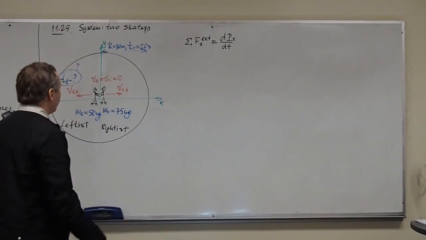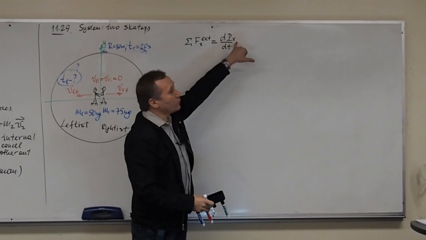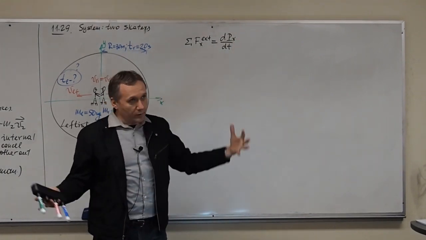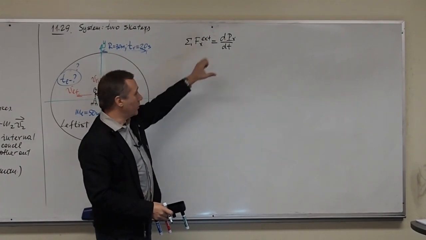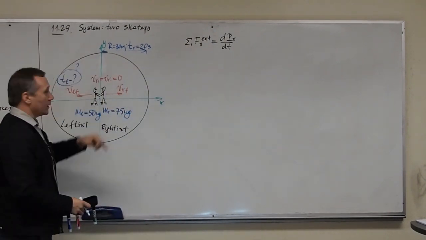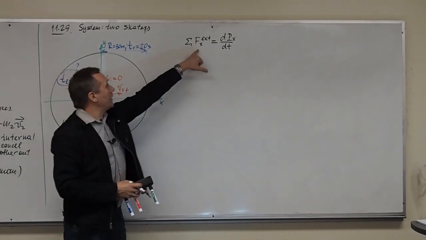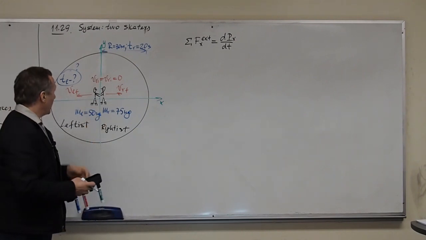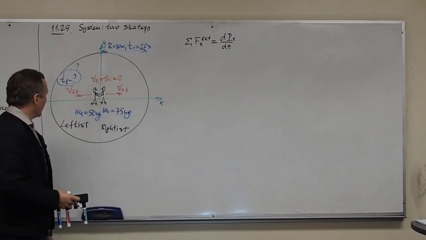Now, we need to understand what will happen with the linear momentum. Is it going to be conserved or not? So we need to analyze all external forces acting on this system. Again, the system is these two skaters, and of course forces in the x direction. Which forces in the x direction can we have? Air resistance, okay, negligibly small.